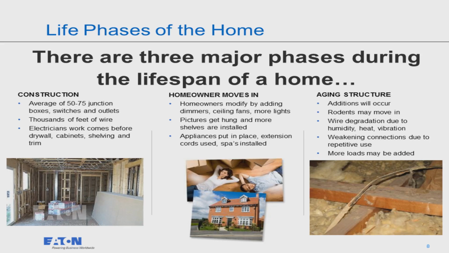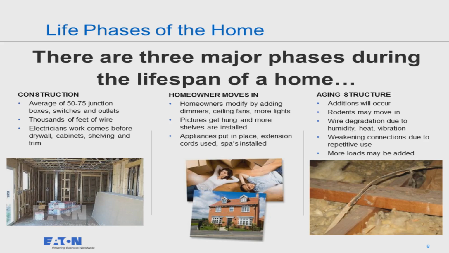The lifespan of a home also comes into play. During the construction phase, you're pulling all the wire and running all the receptacles, and the cords can be damaged. At that point, you can typically see it and identify it, but once the drywall's up and all the furniture is moved in and all the cabinets put in, there's a whole phase where damage can come to this branch circuit wiring.